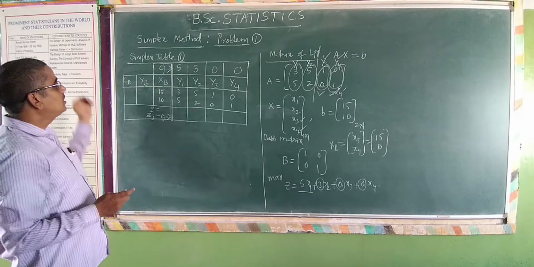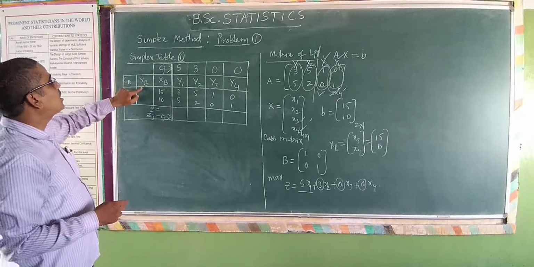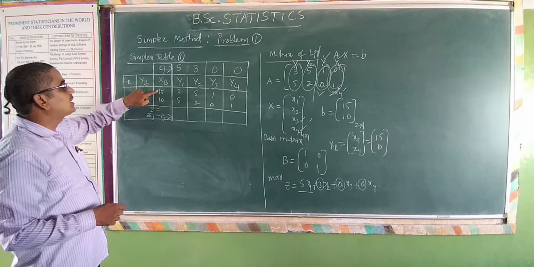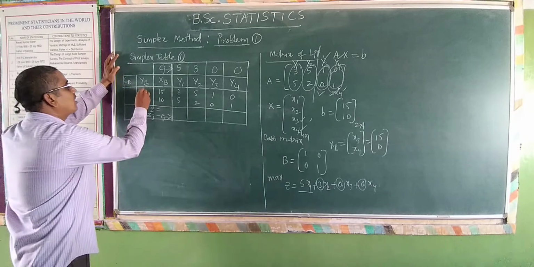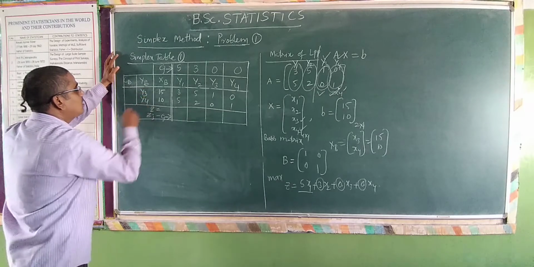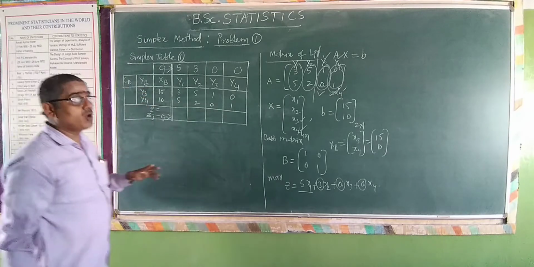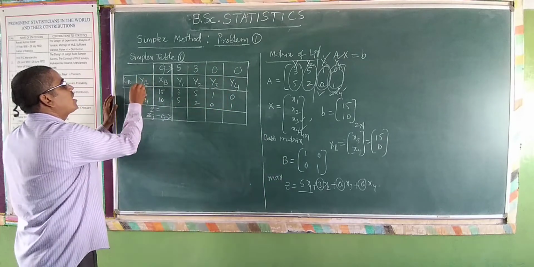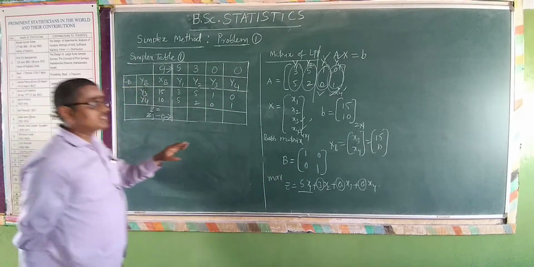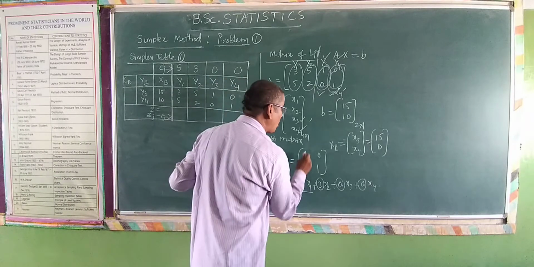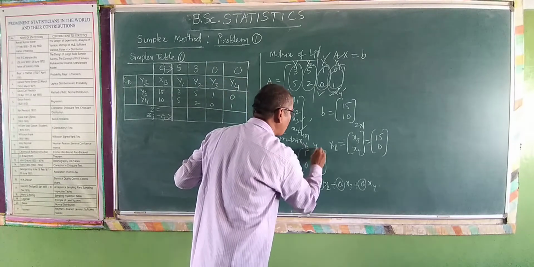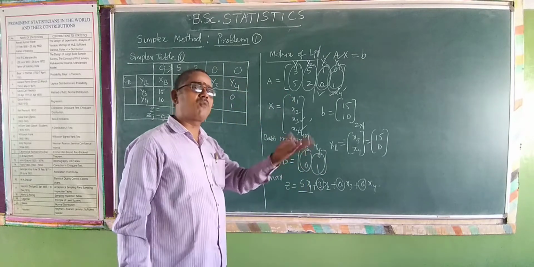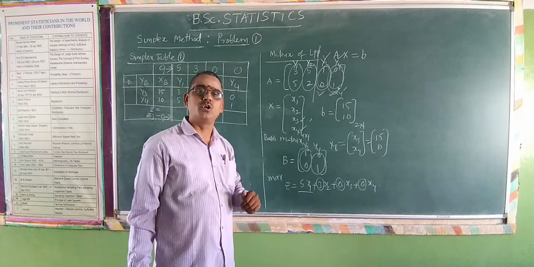Now we have to write corresponding to YB. What are the values of xb, x3, x4? The corresponding vectors are y3, y4. Remember, B refers to the basis. In B, the vectors you have are y3, y4, corresponding to the values x3, x4.